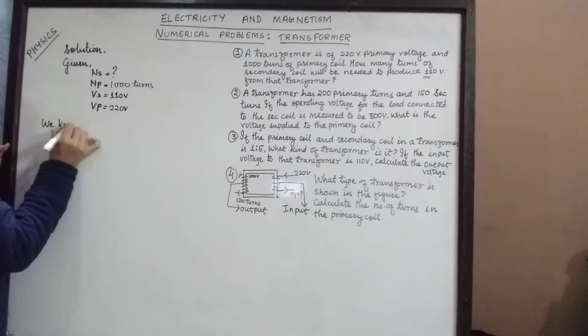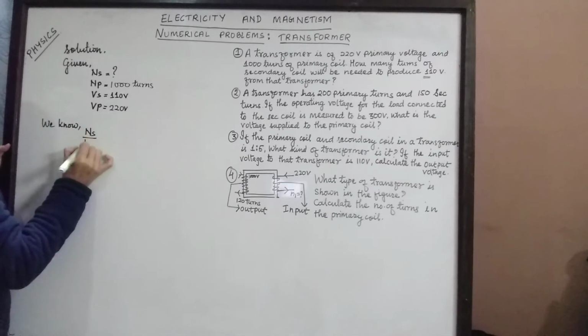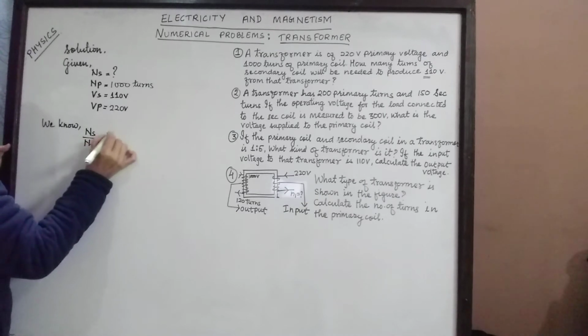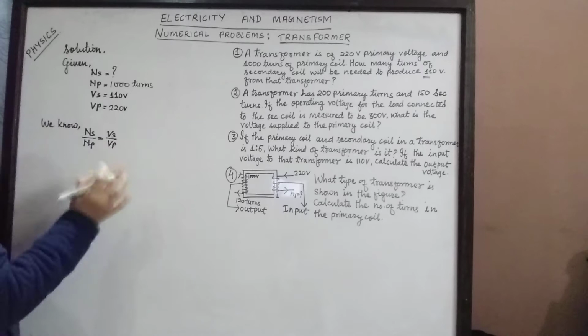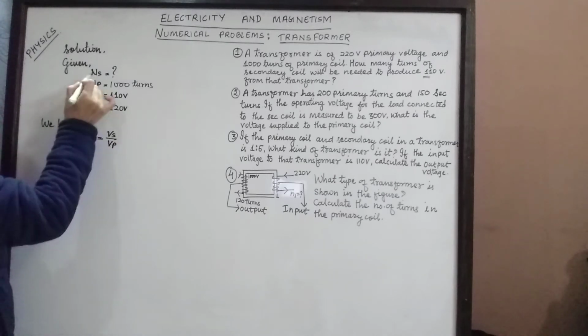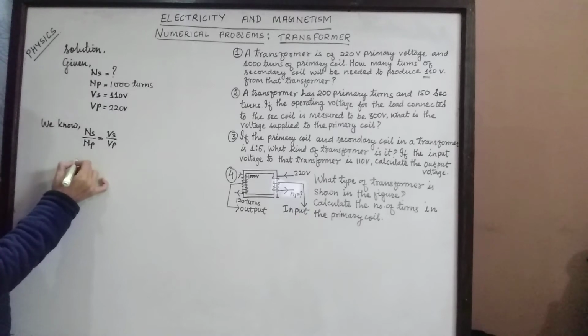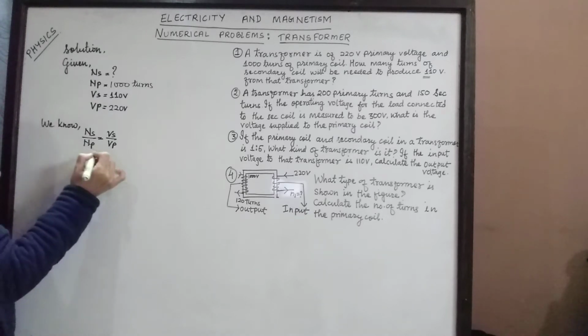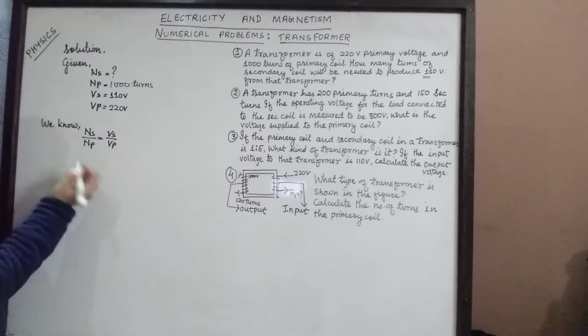According to the formula of transformer, NS by NP equal to VS by VP. First you write formula, as it is. Now you have to find out NS. NS should be made alone in left hand side, and the other should be shifted to right hand side. You have to rearrange the equation for this one.